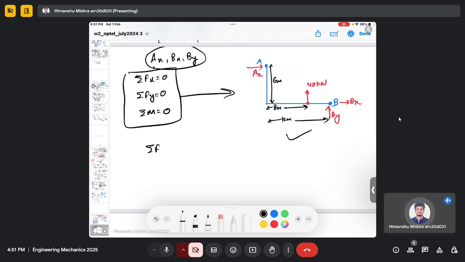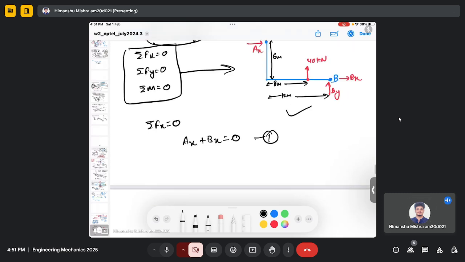So when we do the summation of force in the x direction, we have Ax plus Bx equals 0. If we do the summation of force in the y direction, we have 40 plus By equals 0.